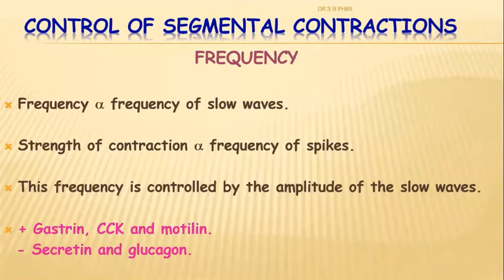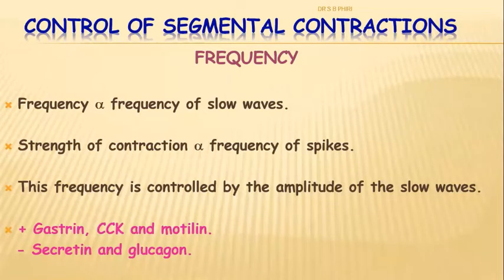So on top of this intrinsic nervous supply to the GIT that is controlling the segmental contractions, you need to understand that there is a hormonal control of GIT motility. So the motility of the gastrointestinal tract is also affected by specific hormones that are produced by the GIT itself, or they are produced by other glandular cells within the body.